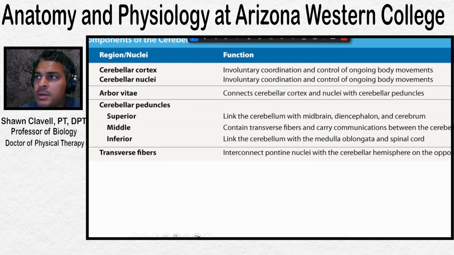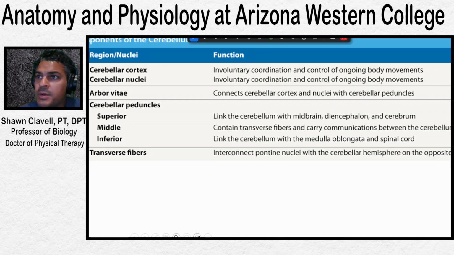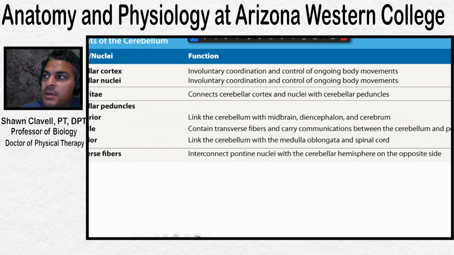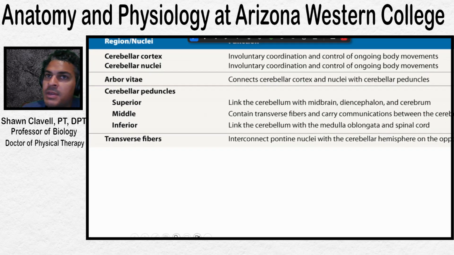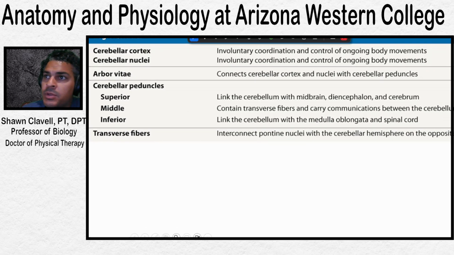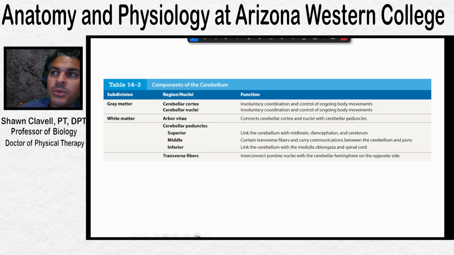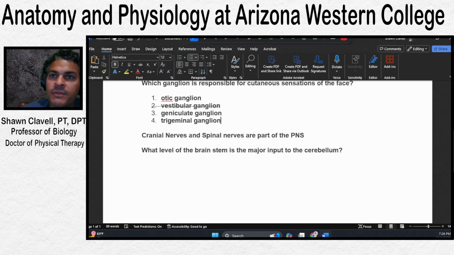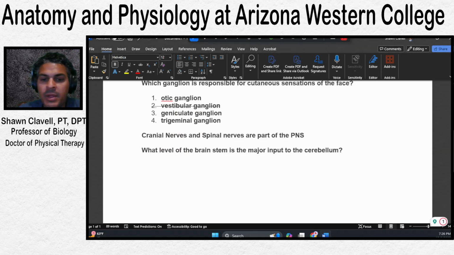Right, the middle cerebellar peduncles contain transverse fibers and carry communications between the cerebellum and the pons, and the inferior is the link to the cerebellum with the medulla oblongata and the spinal cord. So just a little extra information there. I would call it the cerebellar peduncles. Is the correct answer there.